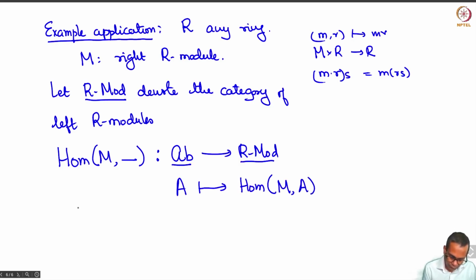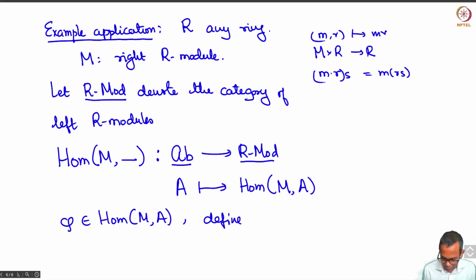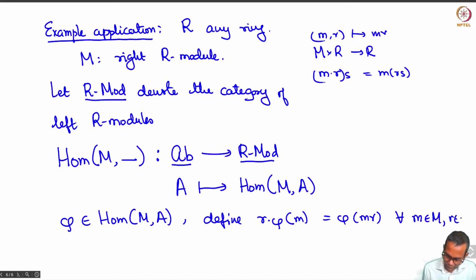So if you have phi belonging to Hom(M, A), define r phi, for every r in the ring R, to be: r phi of m is phi of mr, for all m in M, r in R. And this makes Hom(M, A) an R module.